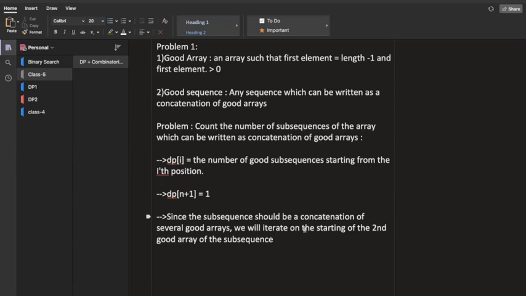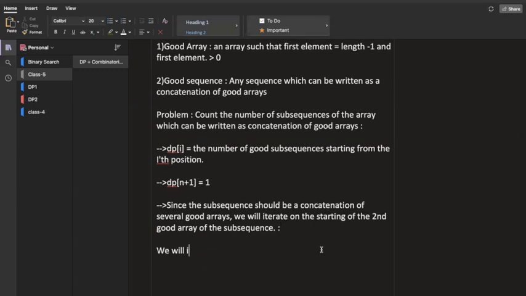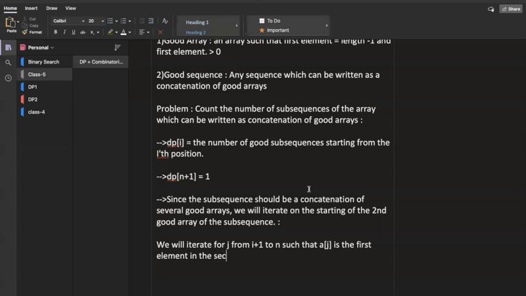Obviously, the starting of the first good array is i itself. But we can iterate on the starting of the second good array that will be a part of the subsequence. So we will iterate for j from i + 1 to n such that a[j] is the first element in the second good array of the subsequence.